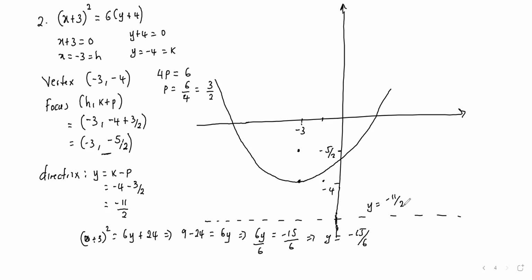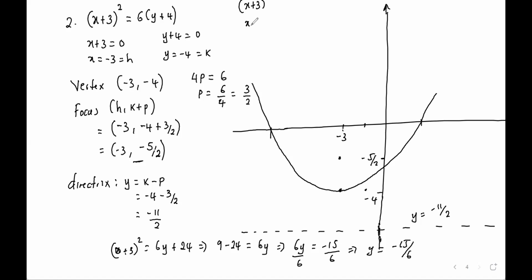So now what happens is we could also find the x-intercept by making y 0. So we're going to have x plus 3 squared equal to 24. So you get the square root, you get x is equal to minus 3 plus or minus the root of 24.